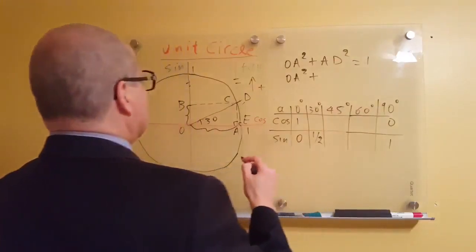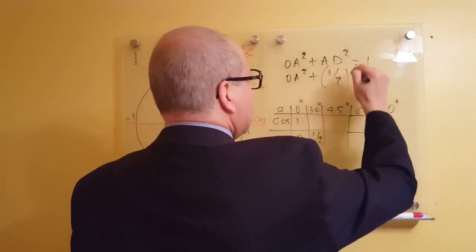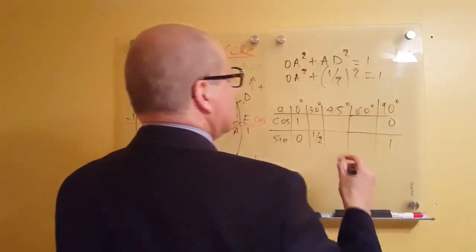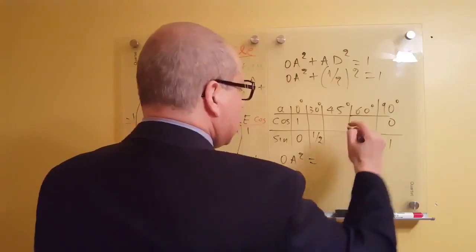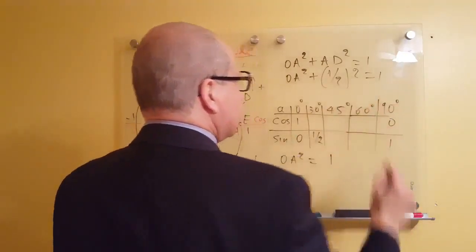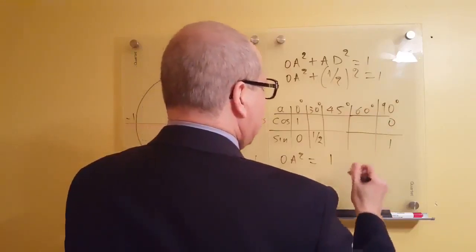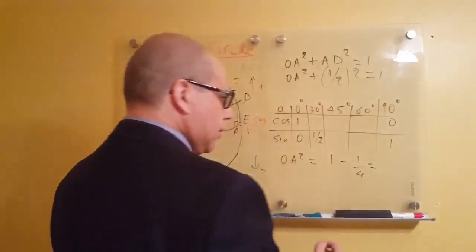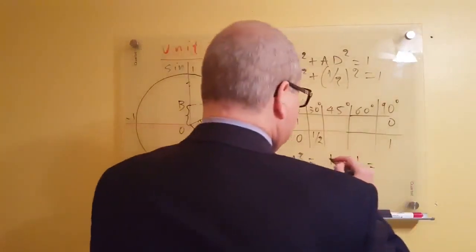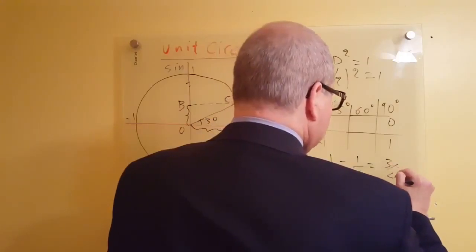So we said that AD is 1/2, so 1/2 square, plus OA square is equal with 1. You bring this to the right hand side of the equation, so that should be 1/4, of course, with minus. If you put everything under the same denominator, that should be 4/4 minus 1/4, so that should be 3/4.